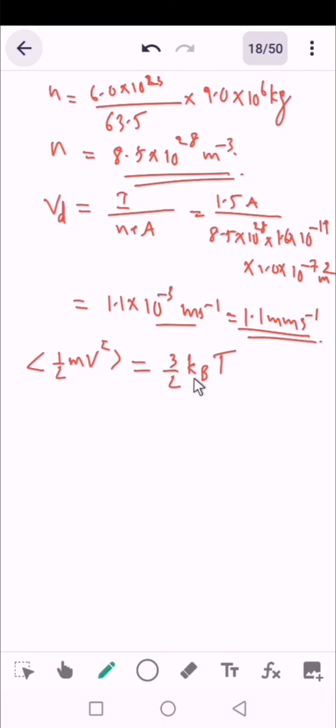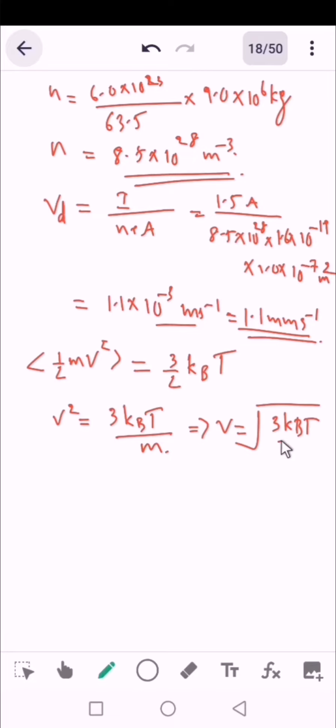You have learned this equation in your 11th grade. When you solve for v square, the half gets cancelled, so you get 3 kBT upon m. Now when you calculate v, you get the root of 3 kBT divided by m.